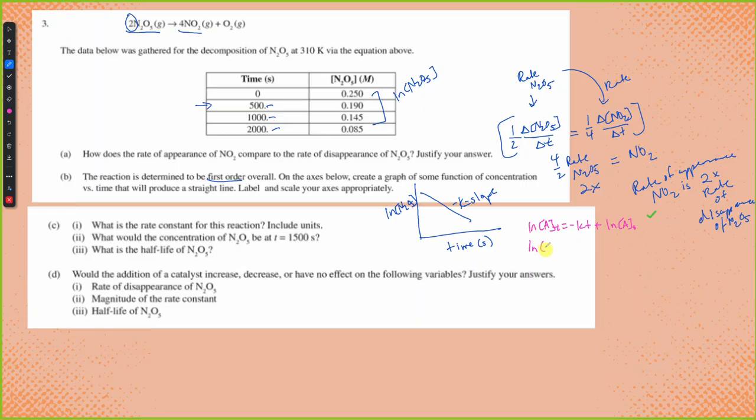So ln at time t, I'm going to go with this line right here, -k times the time, which is 500 seconds, plus the ln of the initial concentration, which was 0.250. Very good.